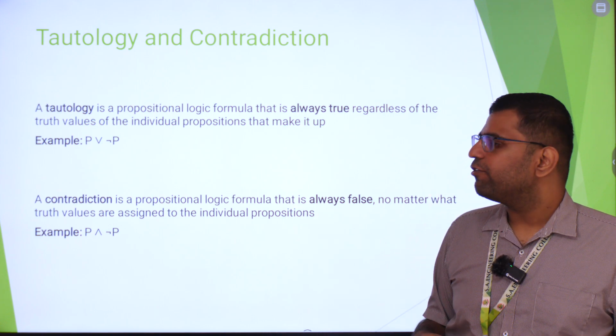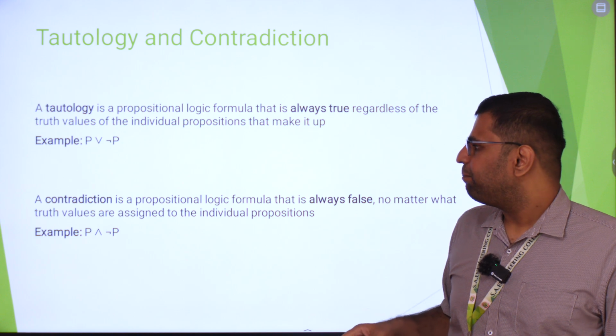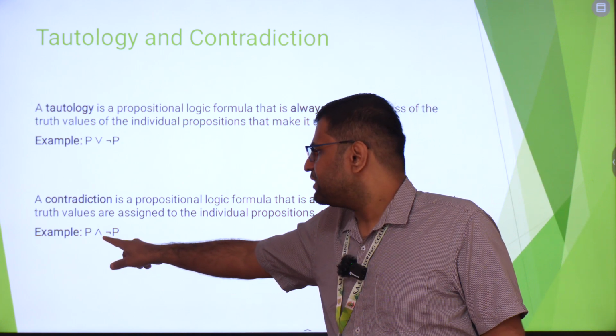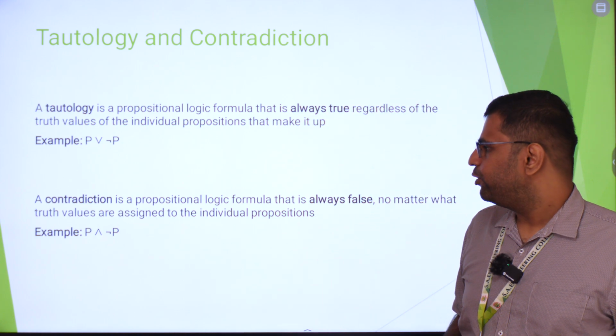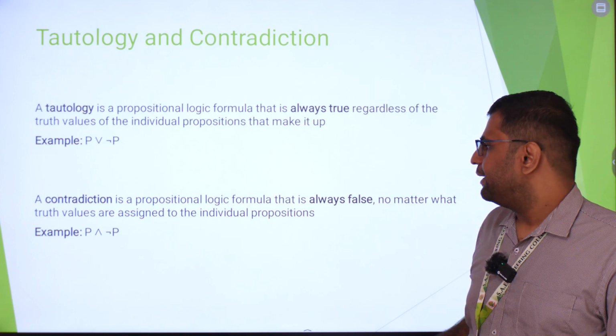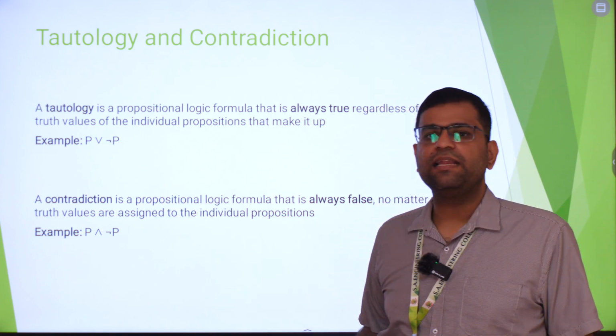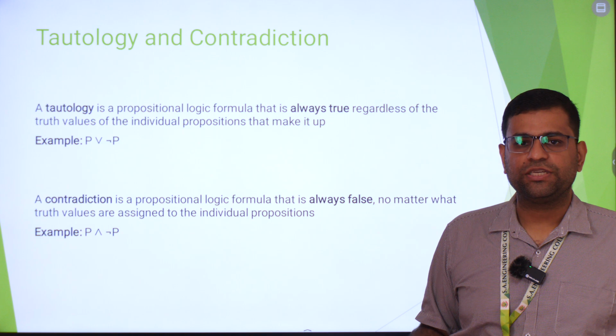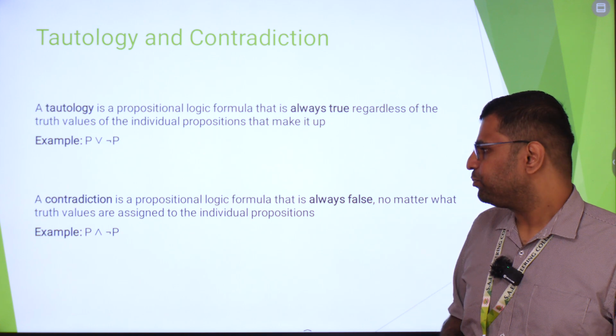So regardless of the value of P, it is true. If we apply conjunction instead, the value is always false. A contradiction is basically when the entire expression turns out to be false.